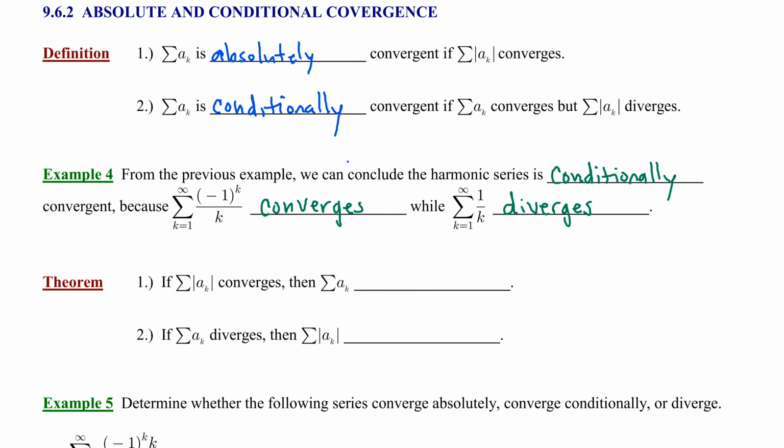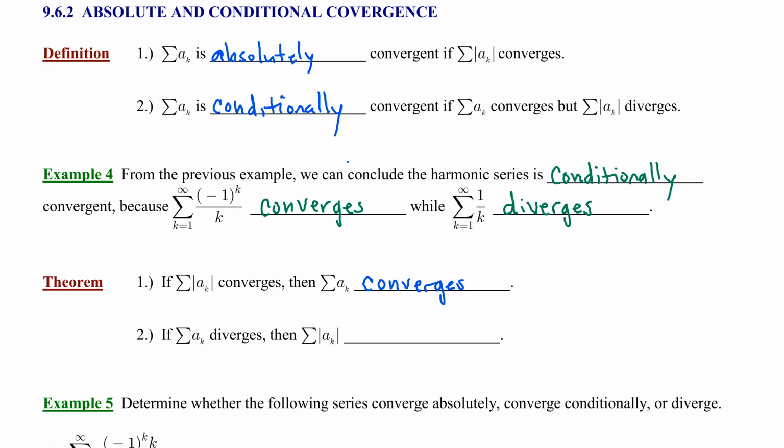Now, this is going to add some convenience to our work in examining the positive form, or the absolute value form, of our alternating series. Here's a theorem that will be helpful. Number one, if the series of the absolute value of a sub k converges, then the series a sub k, which is an alternating series, also converges.